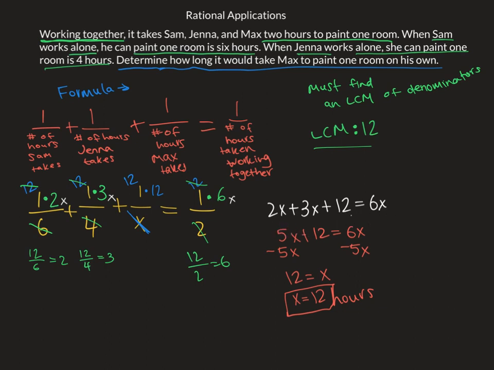That would be the only tricky step that you need to make sure to remember. I just remember it's like a flip. Instead of having the x on this one, you just flip it. Everything else gets the x, and this one gets the normal number. Now you can simplify: 2x plus 3x plus 12 equals 6x, so 5x plus 12 equals 6x. Isolate the variable, 12 equals x, x equals 12. And then remember to put on that final label at the end, so x equals 12 hours.